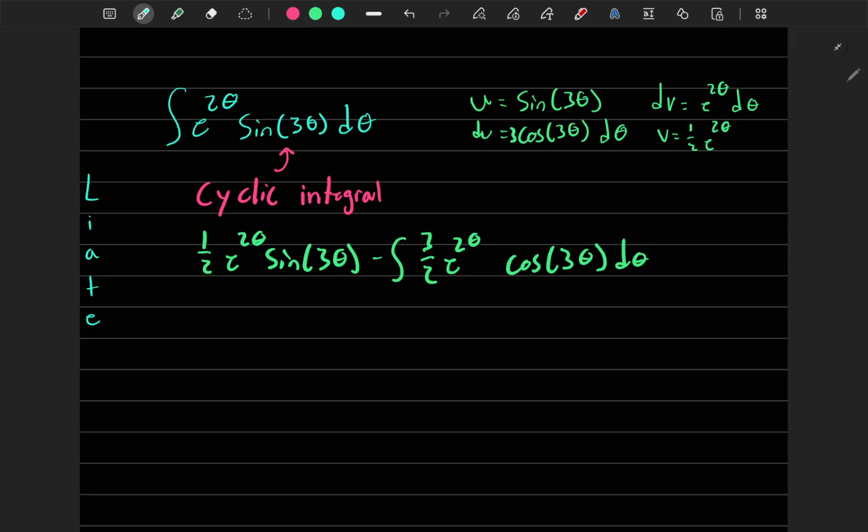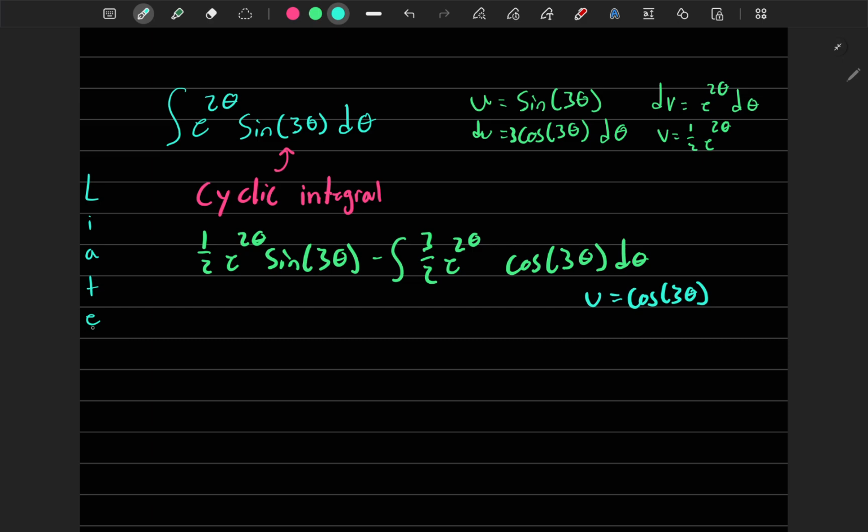And now when we do u substitution again, or I guess it's technically called integration by parts, our u is going to be cosine of 3θ, because it follows our acronym here, LIATE: logs, inverse trig, algebra, trig, exponents.